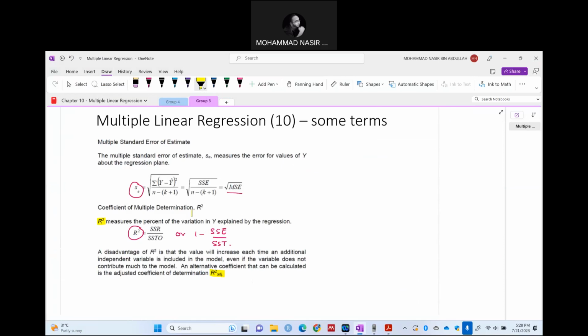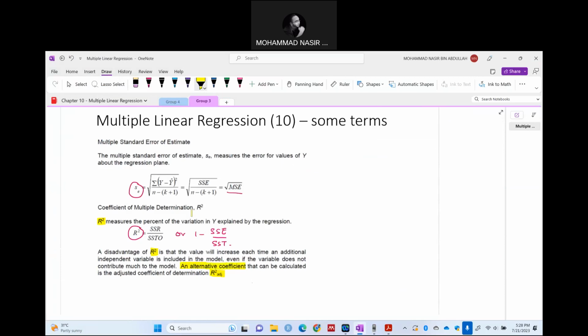It means that the total variation that can be explained is 93%. The same goes for adjusted R square. But for R square in multiple linear regression, when we include more independent variables, R square will definitely increase, right?